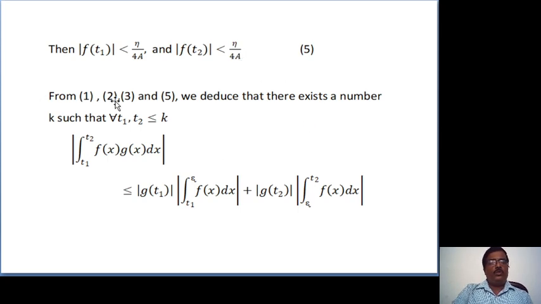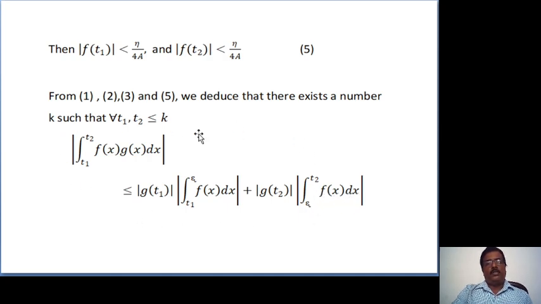Now from 1, 2, 3 and 5 we deduce that there exists a number k such that for all t1 and t2 greater than or equal to k, the absolute value of the integral from t1 to t2 of f of x g of x dx is less than or equal to the absolute value of g of t1 times the absolute value of the integral from t1 to epsilon of f of x dx plus the absolute value of g of t2 times the absolute value of the integral from epsilon to t2 of f of x dx.